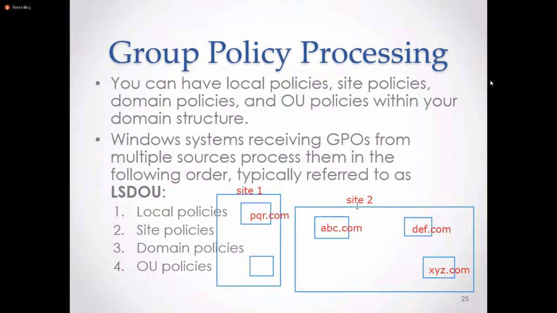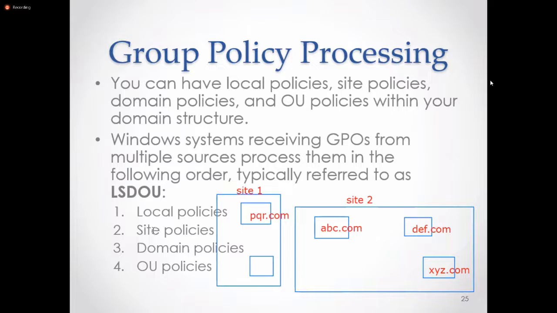So yeah, site policies will apply to all the domains which are in the site, and then domain policies will only apply, let's say, to abc.com. The domain policy will apply to only abc.com. Then def.com, the domain policy for that will only apply to that domain, right? So separately it will go, right?